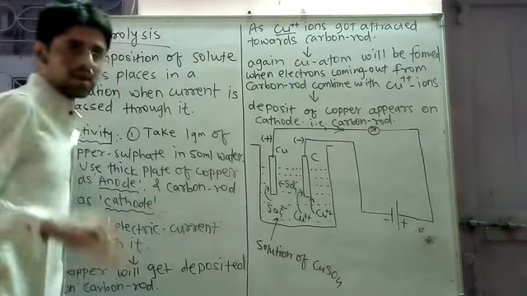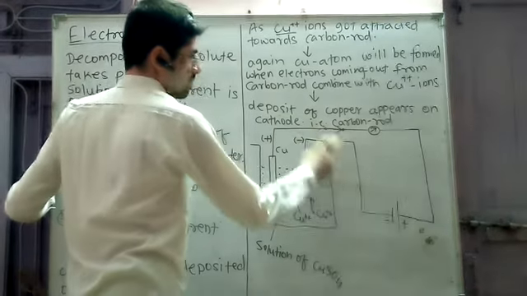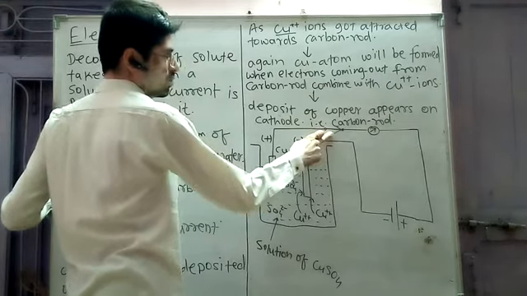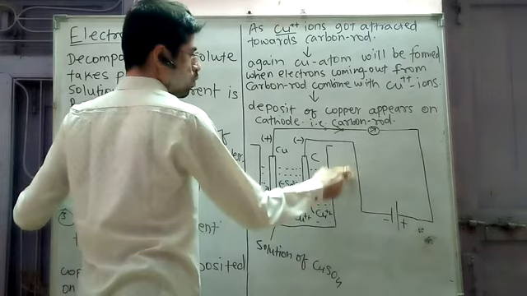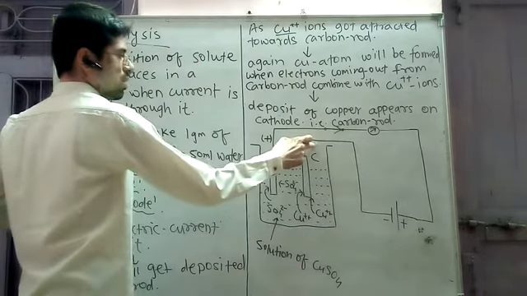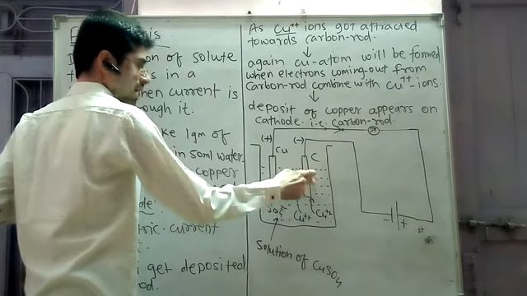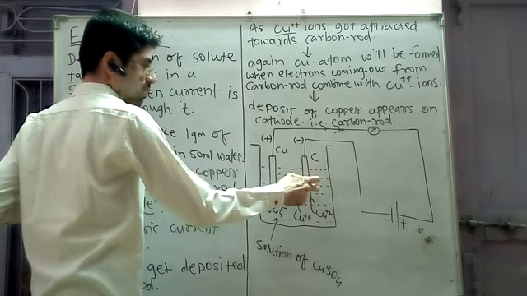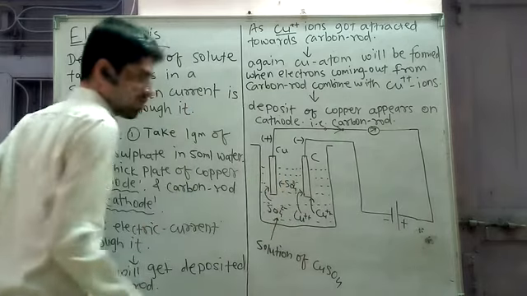I will explain the process. As we connect the battery by turning on this switch, the electrons from the negative terminal will move like this. These electrons will enter this carbon rod. As these electrons enter the carbon rod, there are Cu++ ions already present in the aqueous solution.